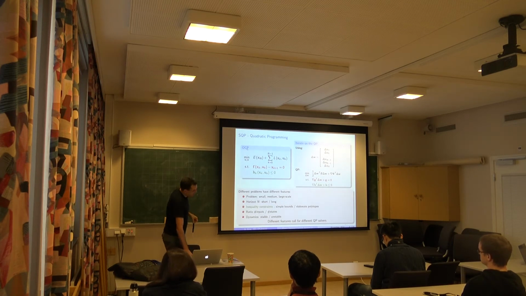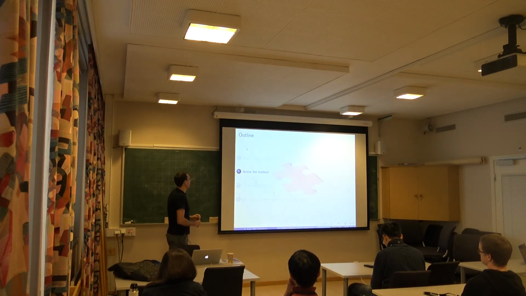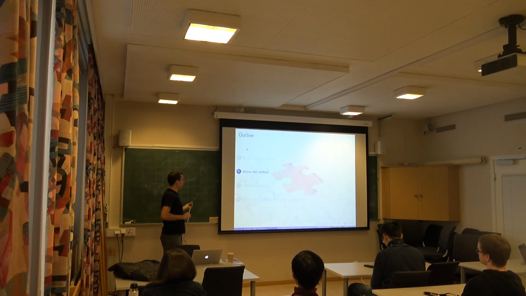I'll try to explain a little bit why all these things happen. I'll mostly talk about these two approaches, active set versus interior point. There are other techniques, typically first order methods. Now you have all these ADMM techniques and decomposition techniques that have also some interest and advantages, but I'll stick to these ones here.